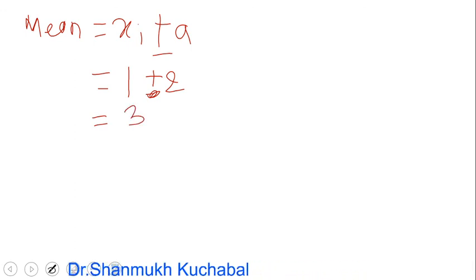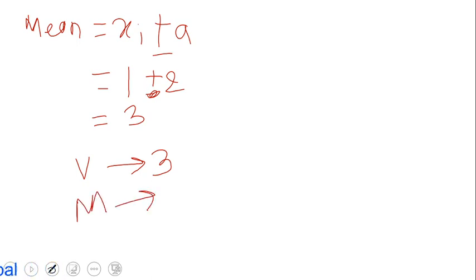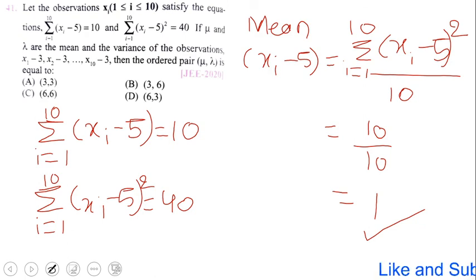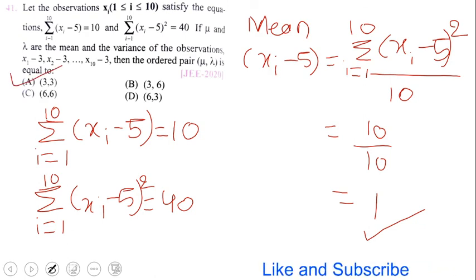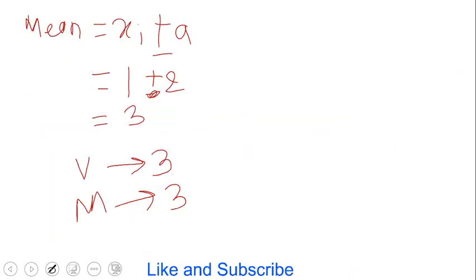So we will observe that the variance is 3 and our mean is 3 here. So both are 3, 3 and 3. So we will observe that option A is the right answer here. So this is the first page solution, second page solution, and this is the third page solution here.